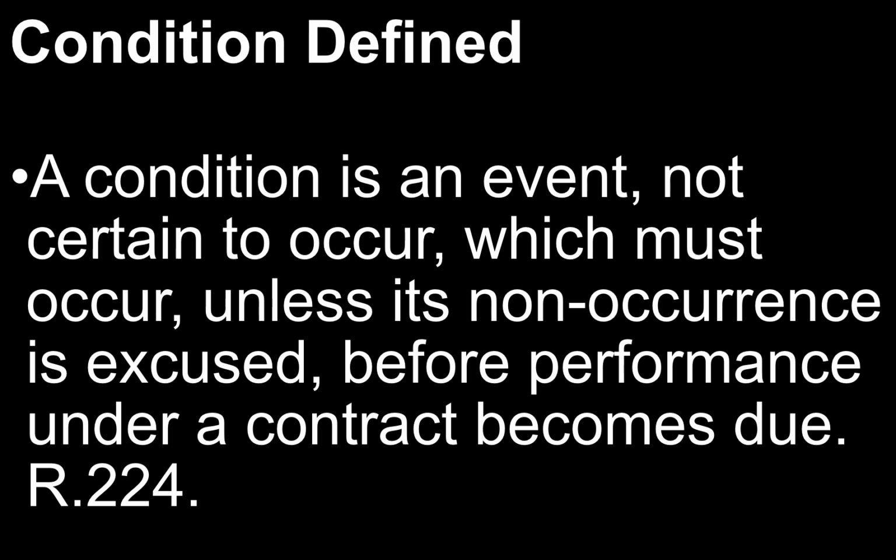Passing emissions testing is an event in the future, and it's uncertain whether the car will pass or not. And when Abby, who made the offer, stated that she would only buy the car if it passes emissions testing, she was making it clear that emissions testing was a condition that she would impose on her duty to perform the payment of the $10,000.